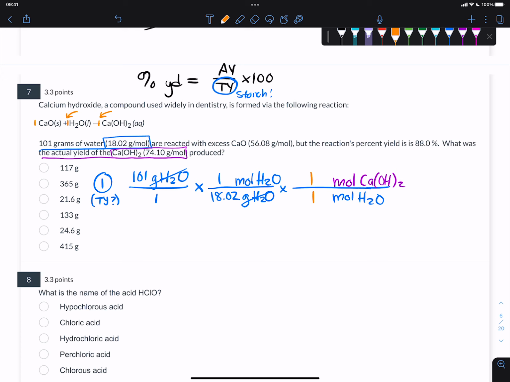Okay, so once you have those coefficients, then you move on. Moles of water is gone, and you have moles of calcium hydroxide. We don't want moles of calcium hydroxide, we want grams of calcium hydroxide. So we're going to put grams of CaOH2, convert that into moles of CaOH2.